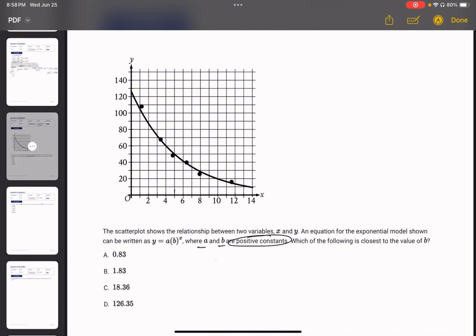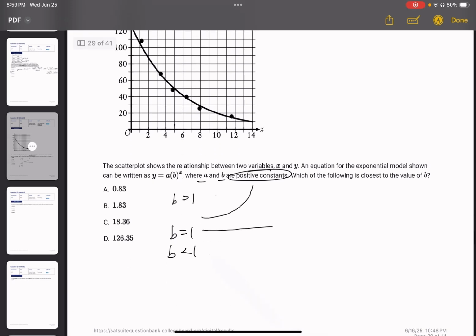Therefore, we know that whatever a is, if b is greater than 1, our function is going to be increasing exponentially. If b is equal to 1, it's just going to be a line, and if b is less than 1, it's going to be decreasing exponentially.